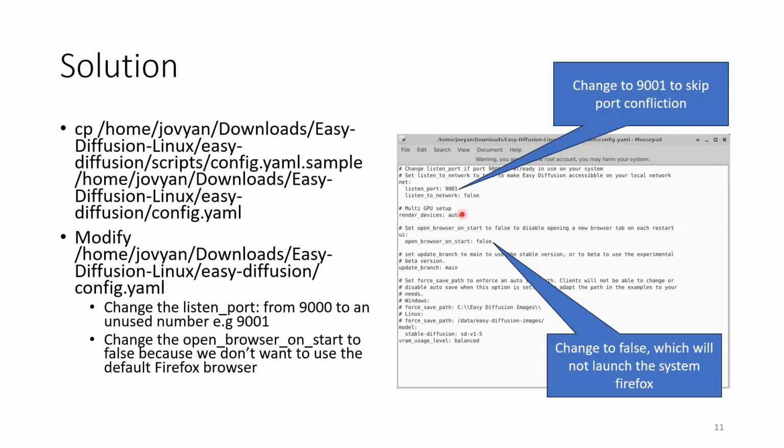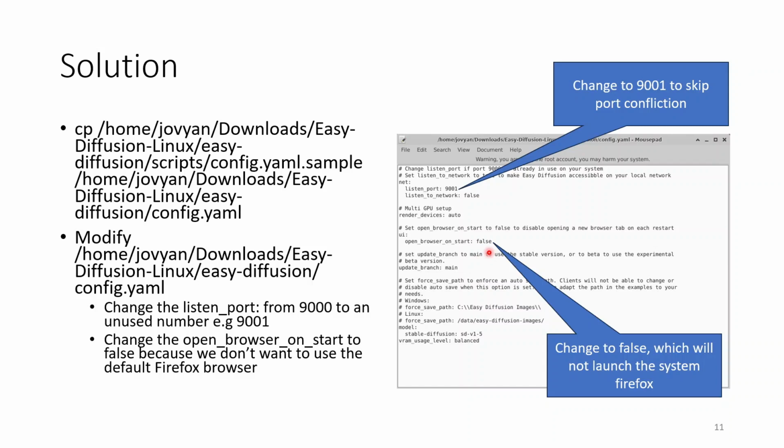And because of the Firefox problem, there is another setting: whether you will open your browser on startup. The default setting is true, but here I change it to false, because after installing another copy of Firefox, I will have two copies of Firefox on my system.